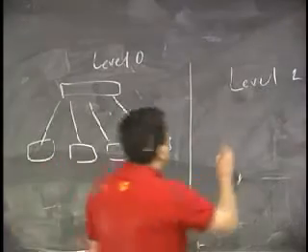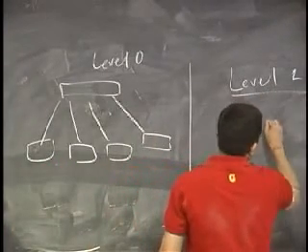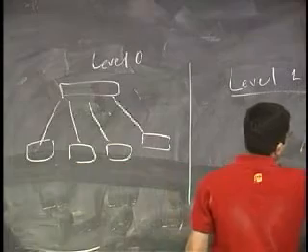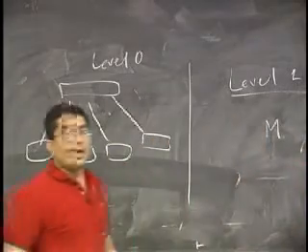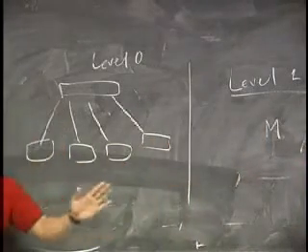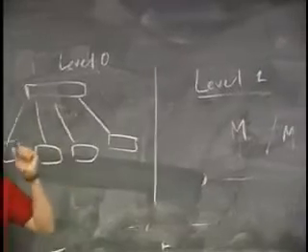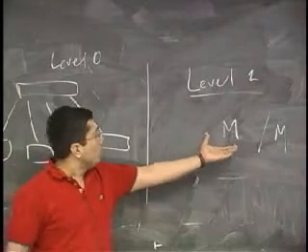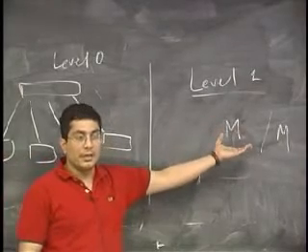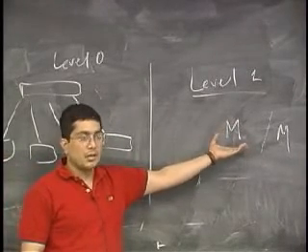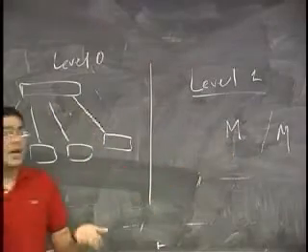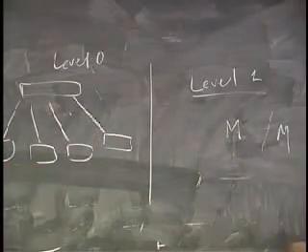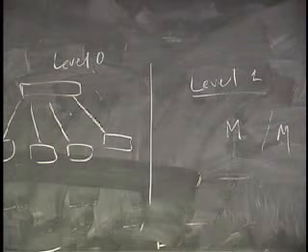In level 1, what you will do is you'll have the mirror disks, a total copy. You don't do any striping here. But what you have is, it won't die because you can recover the whole thing back. But when you are writing, you have to write on both.